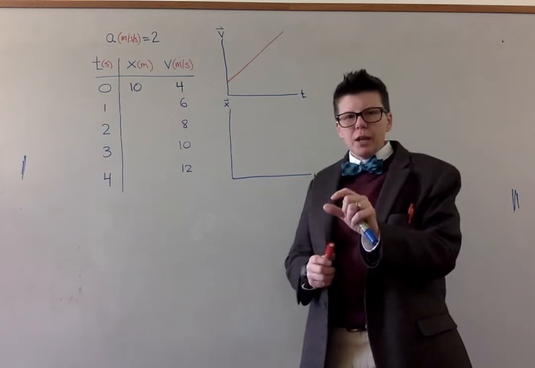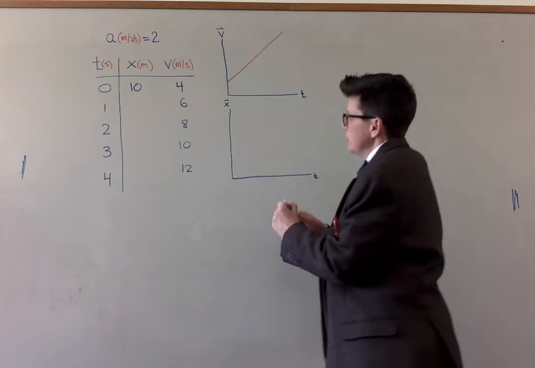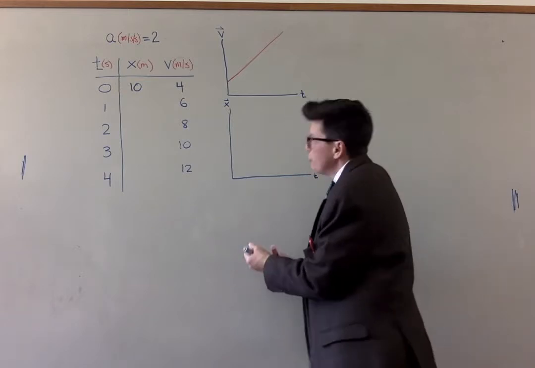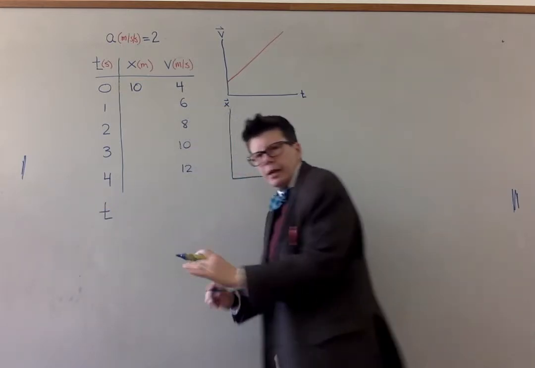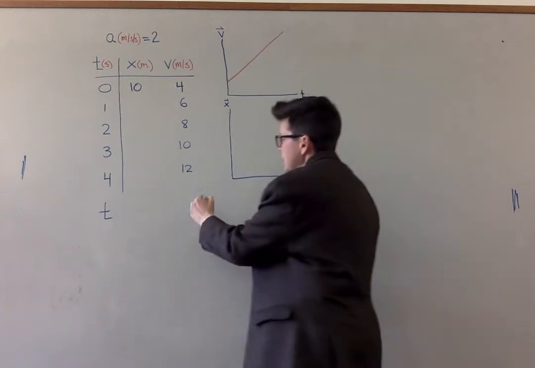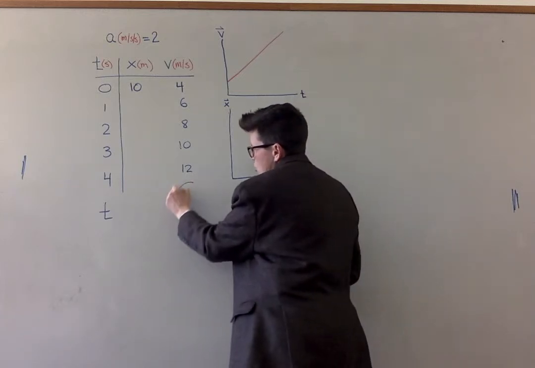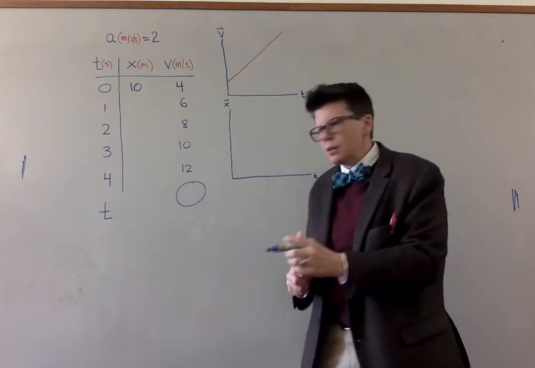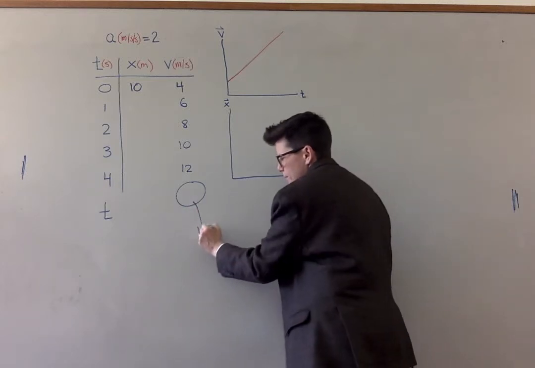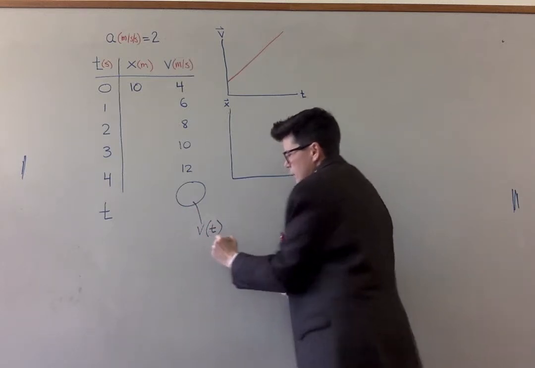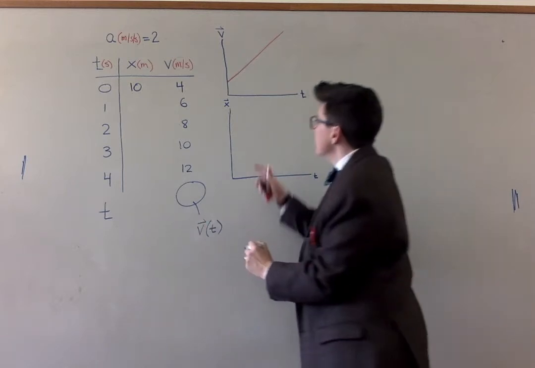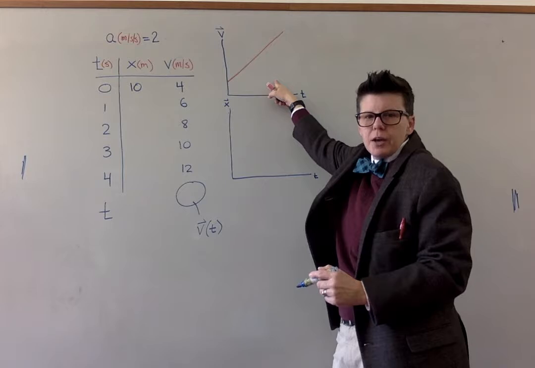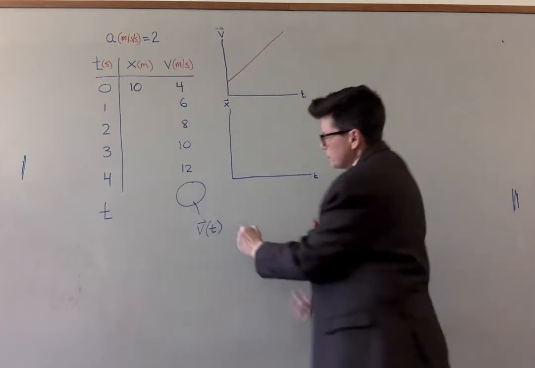So I want to generalize that for just a moment. For any future time, let's just call that time t, is there a way that I can express the velocity as a function of time? In other words, what I'm asking for is the equation of this line written in function notation.